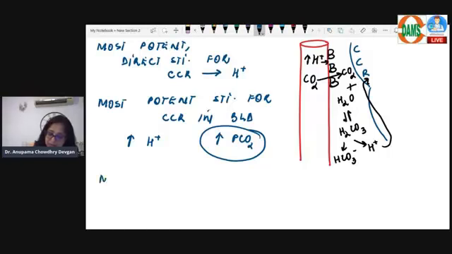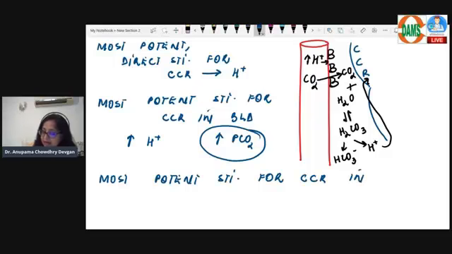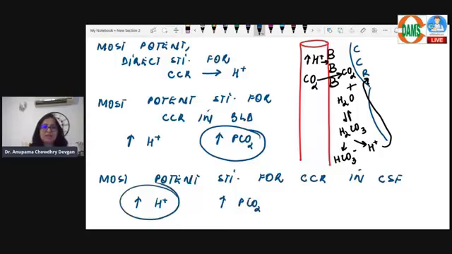Next question: which is the most potent stimulus for the central chemoreceptors in the CSF? Is it going to be increase in H plus or increase in PCO2? Now it will be increase in H plus because the blood-brain barrier is gone. H plus is what is going to affect, because the most potent stimulus for the central chemoreceptors is H plus.